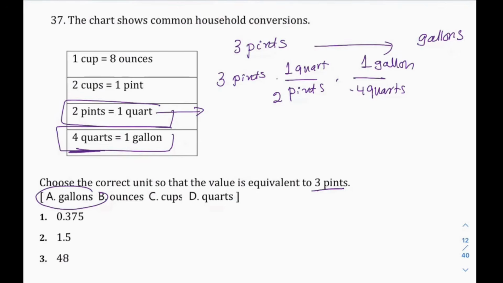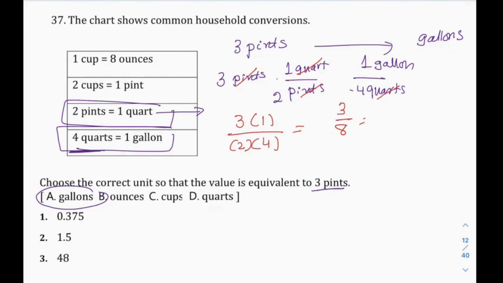Why am I putting it this way? Because I want to cancel the quart with the quart. This will cancel that. Pints will cancel the pints. So up we have 3 times 1 only. Down we have 2 times 4. So it is 3 over 8, which is 0.375 gallons. So this one will be with gallons. So this will take A.